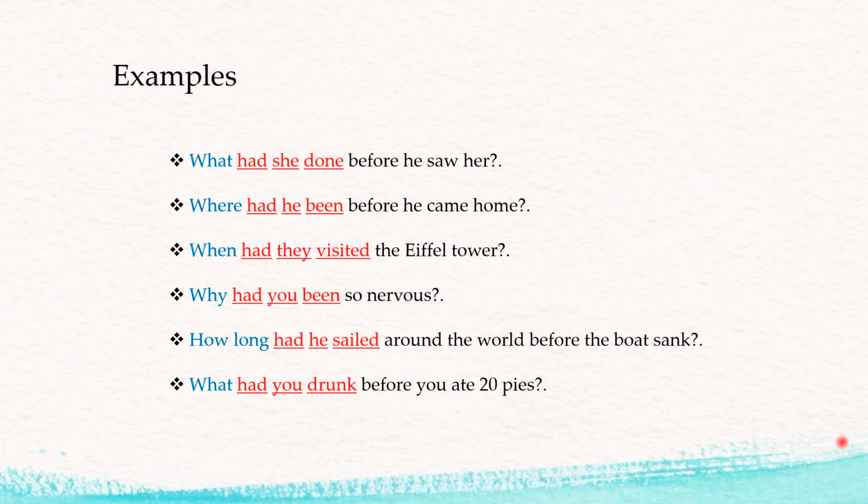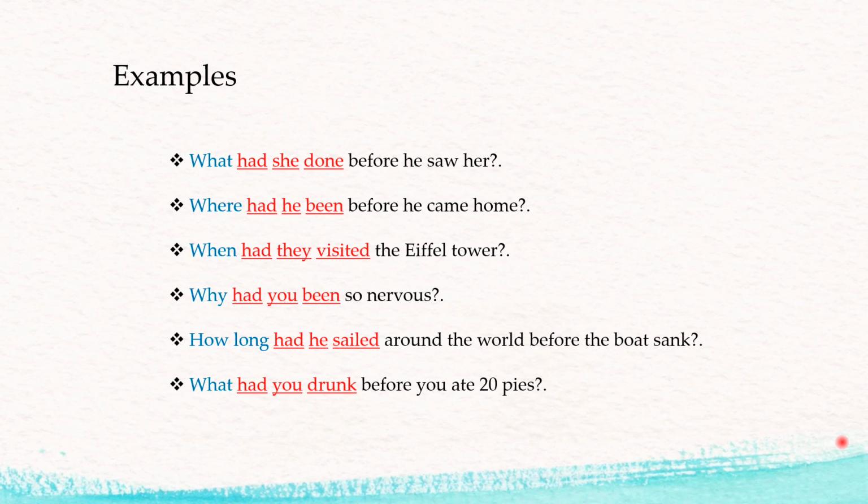Next example. How long had he sailed around the world before the boat sank? Let's analyze it. How long, question word, had, auxiliary, he, subject, sail, past participle, and then the complement. Following example. What had you drunk before you ate 20 pies?